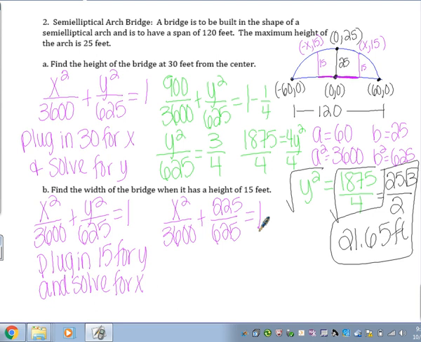Because of this variable here, you would have to split this up into two perfect square binomials, which you wouldn't be able to do. So you have to isolate the x squared first. So you have to subtract. So that's going to be x squared over 3600 equals 1 minus 225 over 625. 16 over 25.